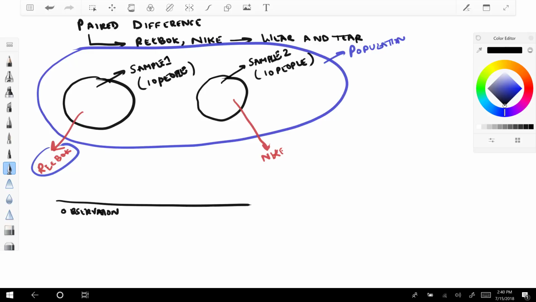When I say observation 1 or each observation, it means this is person 1. And this would be leg 1, and this would be leg 2.